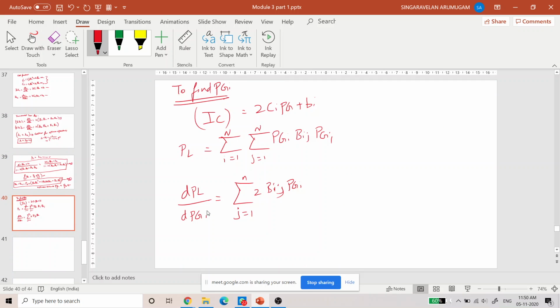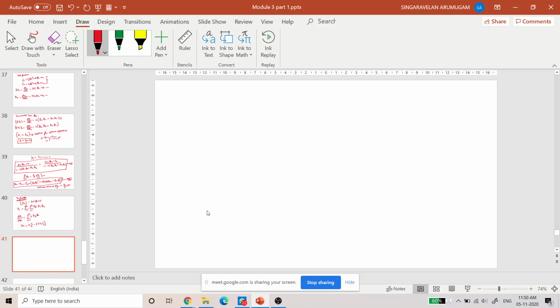Okay, and then we know the coordination equation. The coordination equation is nothing but IC must be equal to lambda times 1 minus ITL. This also we derived. We know what is IC, the incremental cost value. Then substitute that value.